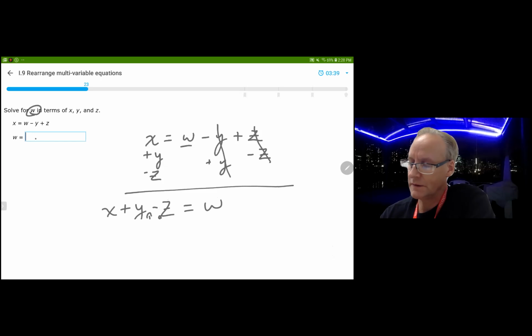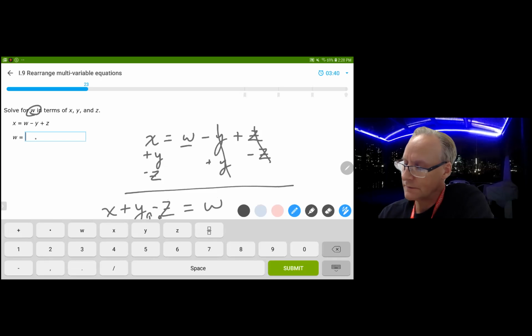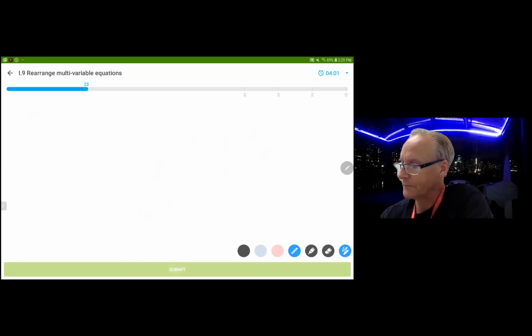So just so you know, I'm going to put in the X plus the Y, and I don't need a space there, but I do need a space when I put in my negative between Y and minus Z. I have to put a space there. The last time I tried it, it didn't work. So put the space between there for the subtraction, okay, guys?